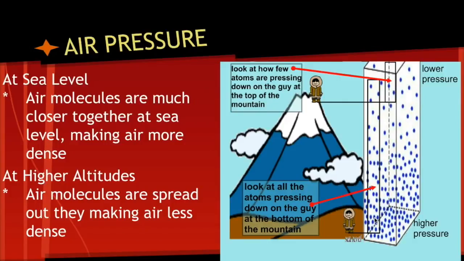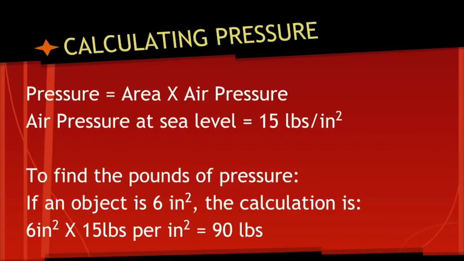If you look at the top, where we start to gain elevation, you see those gas molecules spread apart. So we have lower pressure there, and higher pressure down below. At higher altitudes, those air molecules are spread out, making air less dense in general. Now when we calculate air pressure, we multiply area, which is length times width, by the air pressure.